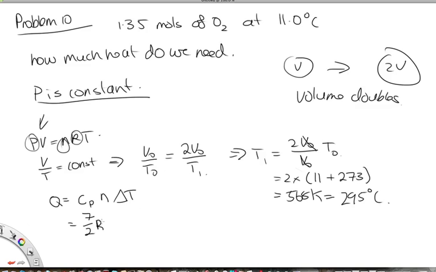So F is 5. So this is (F plus 2) on 2 R, and then the number of moles we're told is 1.35. The change in temperature is the final temperature minus the initial temperature. We can do that in degrees C, and that gives us, R is equal to 8.314, 11,156 joules, which is equal to 11.2 kilojoules, to 3 significant figures.